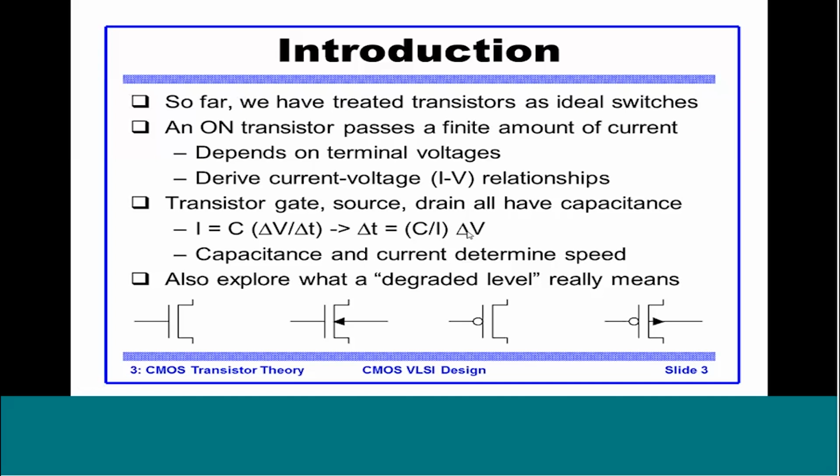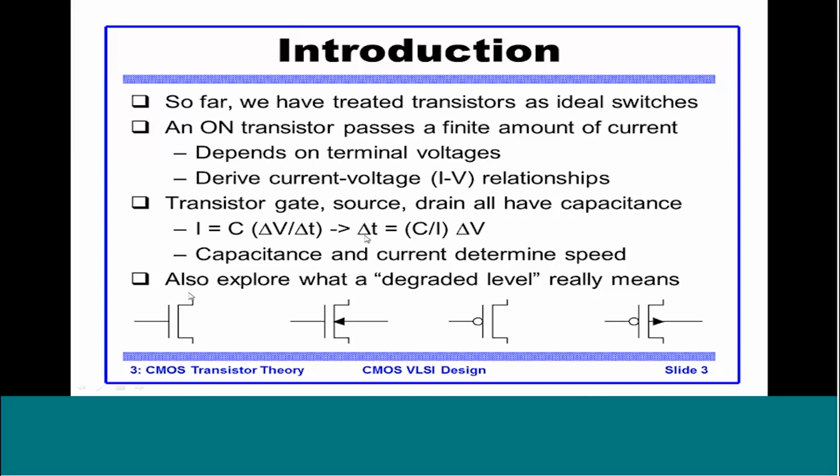Let's say in case of an inverter, an input rising from 0 to, let's say, VDD would cause the output to fall from VDD to 0. This change in output will depend on the capacitances of the MOS plus the current, and hence we say that it takes a finite amount of time for the input to reflect on the output.